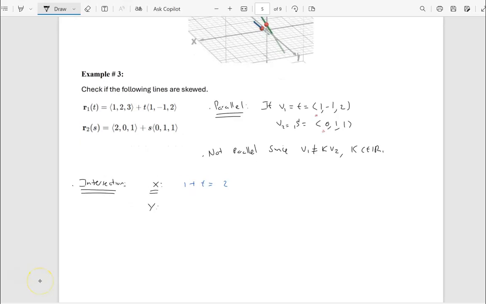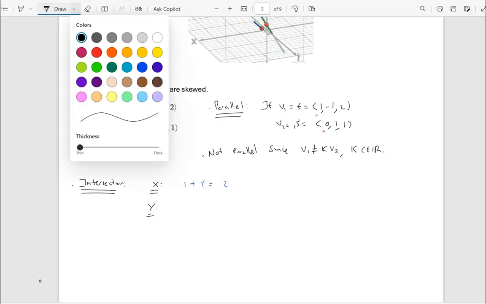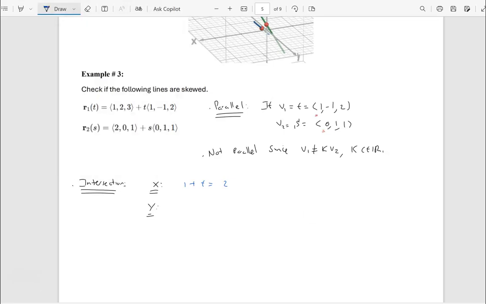Then the values of the y's: 2 minus t is equal to s, since you only have an s on the second line. So I'm pairing up the y value, which is 2 minus t, and this is equal to s.